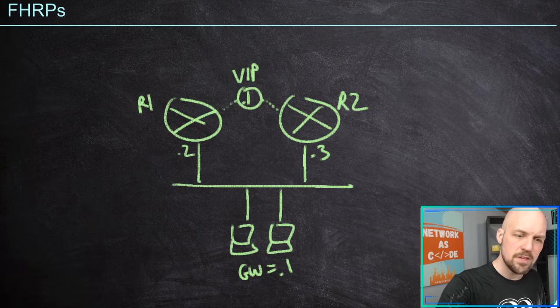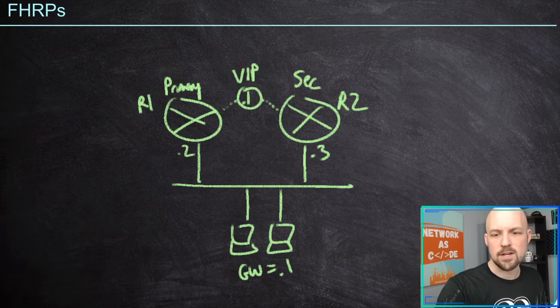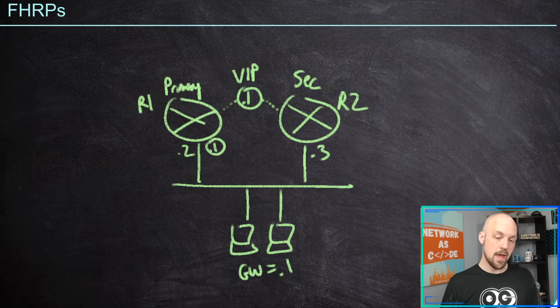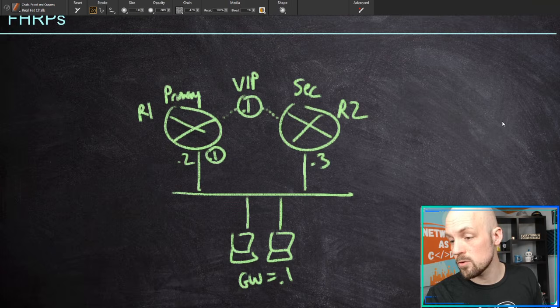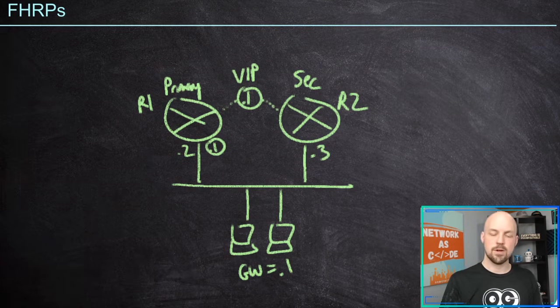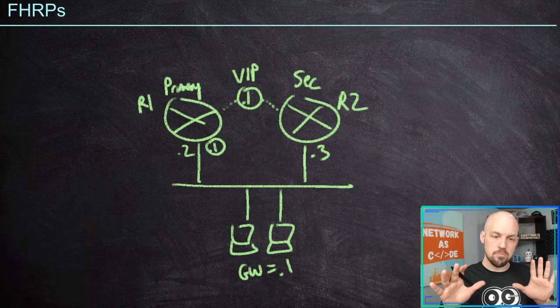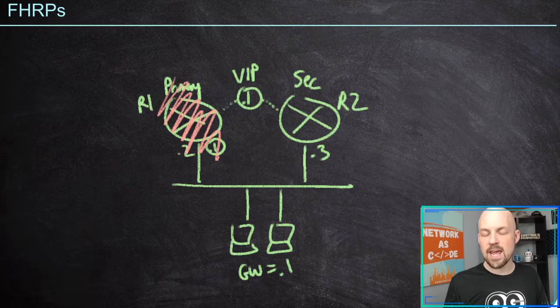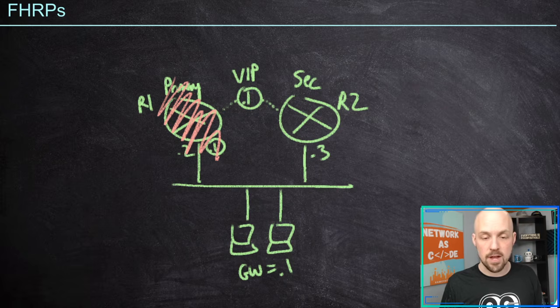And so let's say we've got this primary and secondary concept. So now the primary owns .1 for right now. And then, hey, I'm going to remember to do another layer this time. There we go. So then, wouldn't you know it again, of course, router 1, the primary goes down, takes down that .1 IP address.